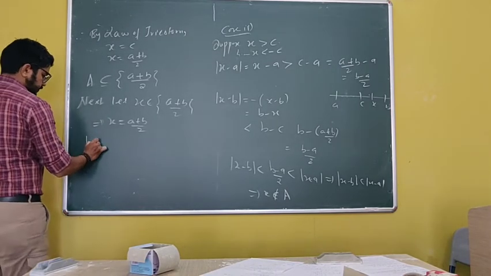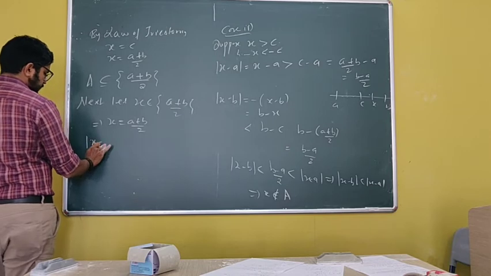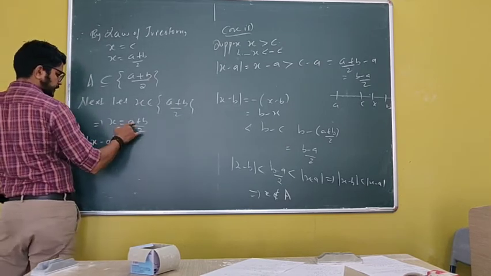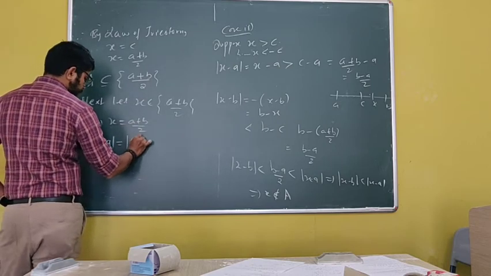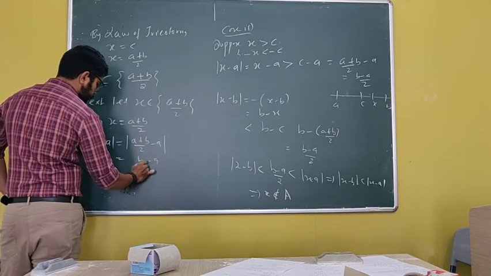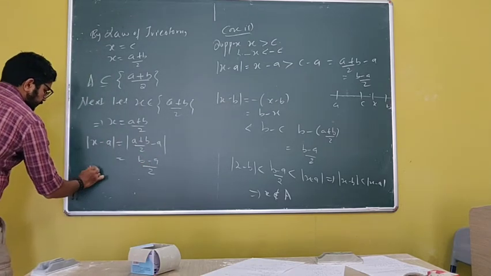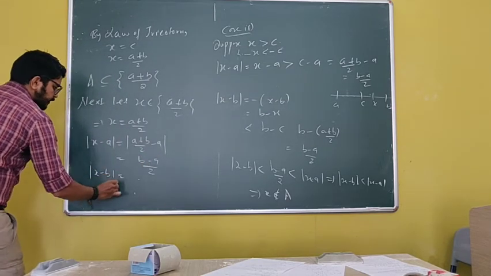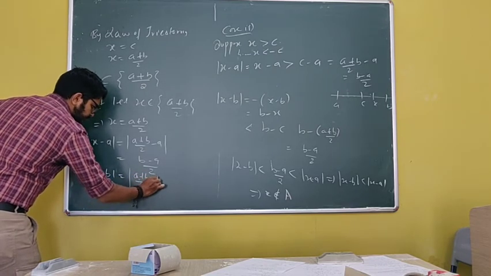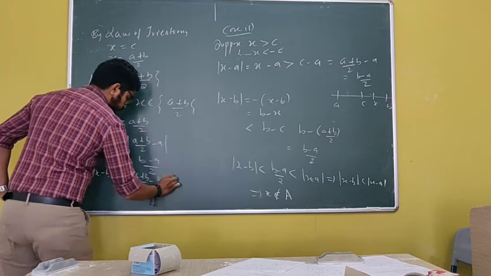So let us prove that. What happens to the absolute value of x minus a? This would be equal to (a plus b) by 2 minus a, right? So what I get is this will be equal to (b minus a) by 2. And what happens to x minus b? The modulus of (a plus b) by 2 minus b.